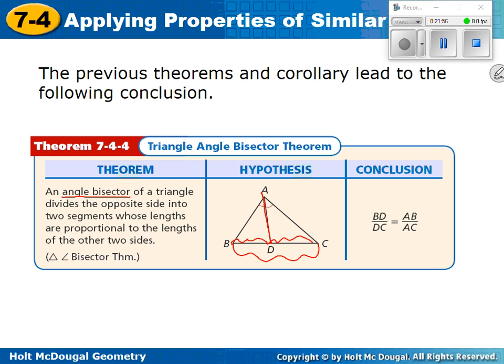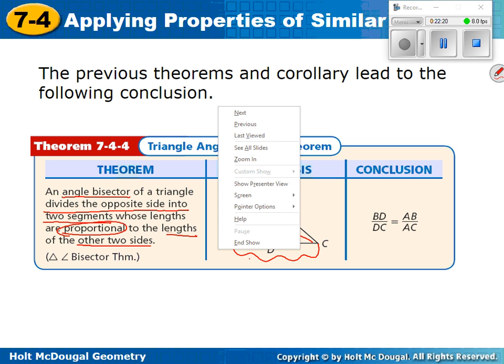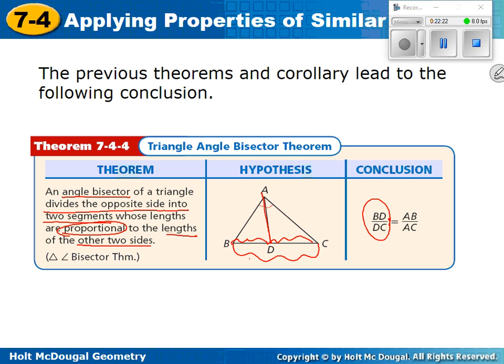So we're looking at the great big triangle. Your angle bisector comes through the triangle, splits the third side into 2 pieces. It divides that opposite side into 2 segments, and those 2 segments will be proportional to the lengths of the other 2 sides of the triangle. So in other words, BD over DC here is going to be equal to AB over AC.